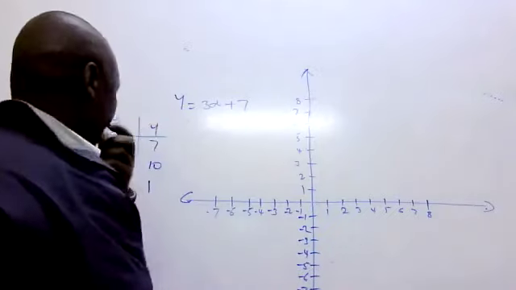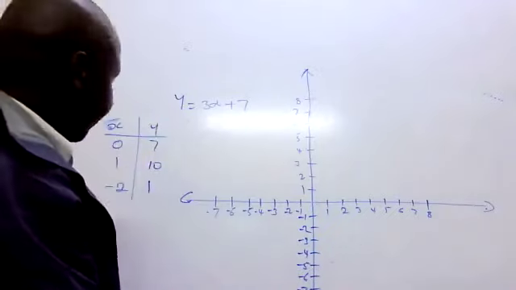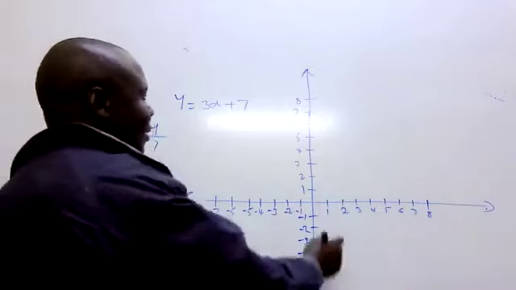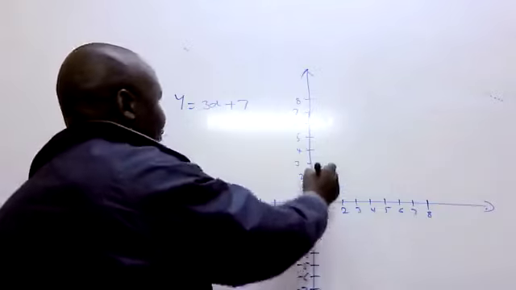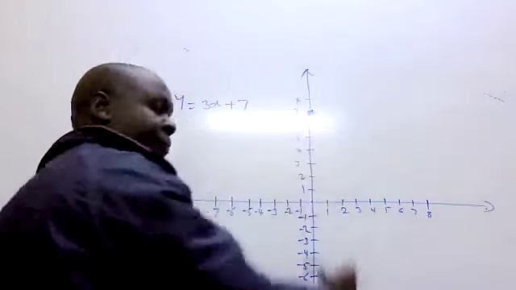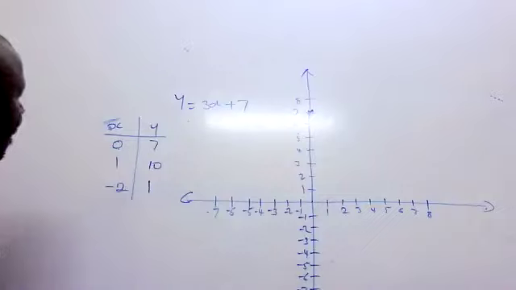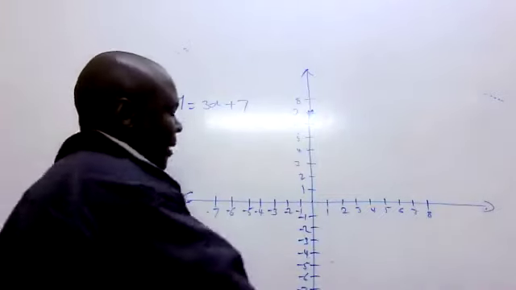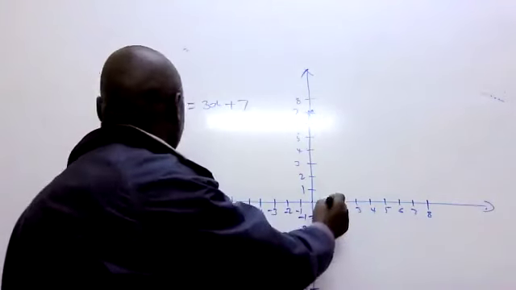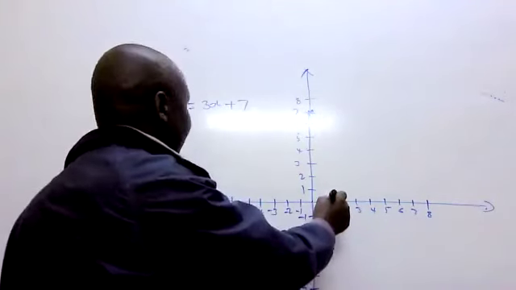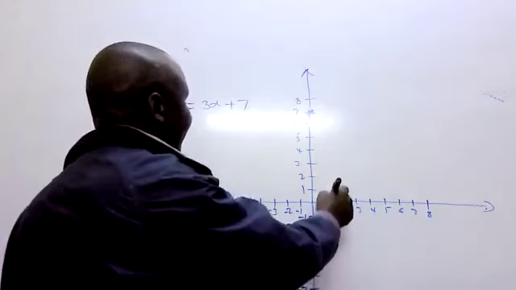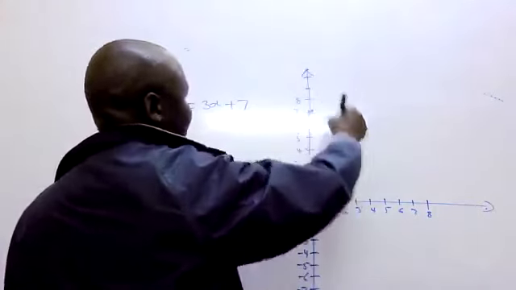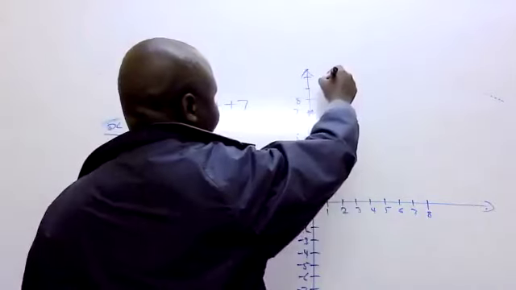Then we come to this point. When x is 0, y is going to be 7. When x is 1, y is going to be 10, so that's 8, 9, 10, somewhere there.